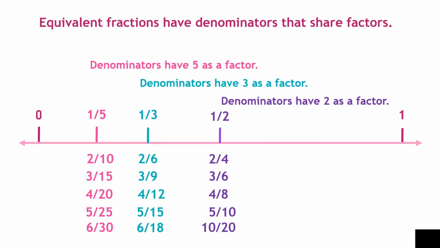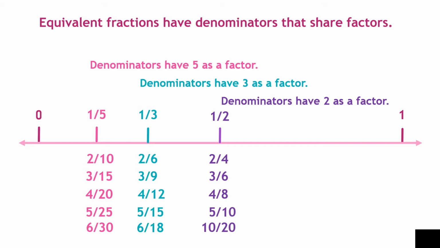Let's look at some equivalent fractions on the number line, realizing that if numbers occupy the same point on the line, they name the same quantity. Let's first look at fractions that are equivalent to 1/2, or 1 out of 2 equal parts. What are some fractions that are equivalent to 1/2?